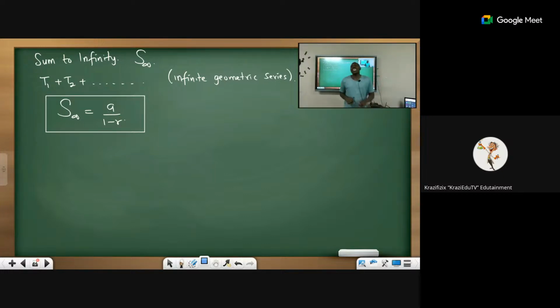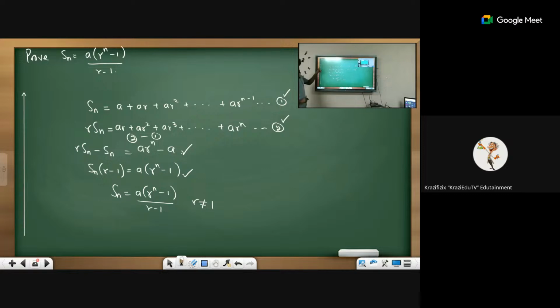Good. This formula looks familiar. I now want to teach you a little trick. This formula looks familiar to this one. But Sn can be written as A(1 minus R to the power n). Do you remember we proved R to the power n minus 1?